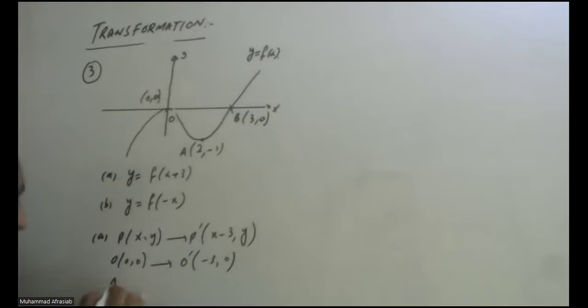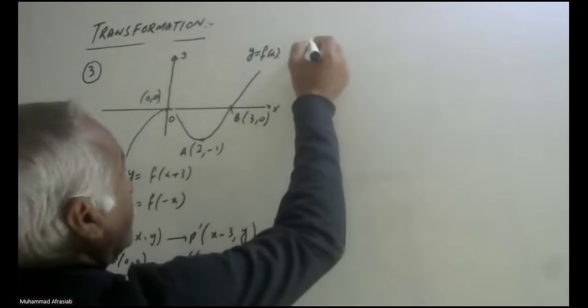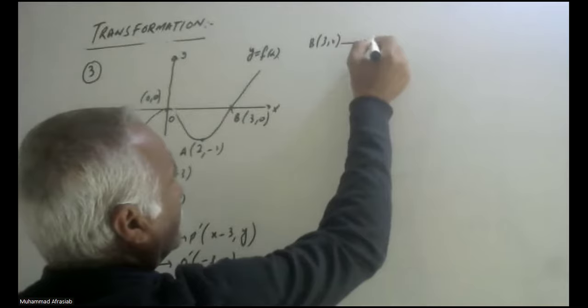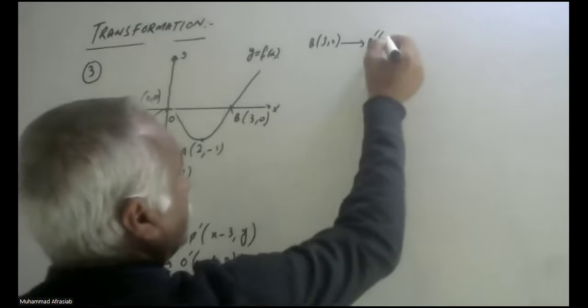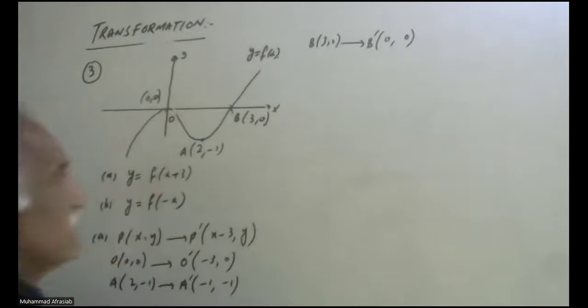Then the point A, the minimum point (2, -1), will become A dash, (2 minus 3, which is -1, and -1 stays as it is). And the point B, which is (3, 0), after this transformation B dash will become (3 minus 3, that is 0, and 0 stays as it is).